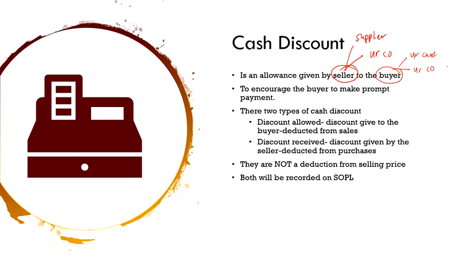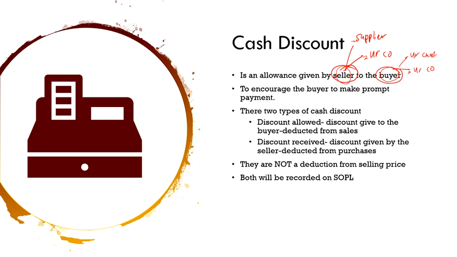So there are two types of cash discount, that are discount allowed as well as discount received. Okay. Kenapa boleh adanya two type of cash discount ni? Sebab seller and buyer have two entities. So kalau discount allowed, maksudnya discount give to the buyer, deducted from sales.